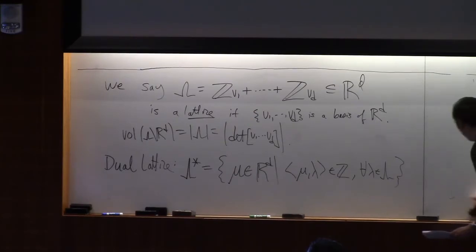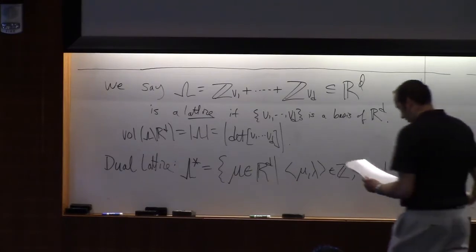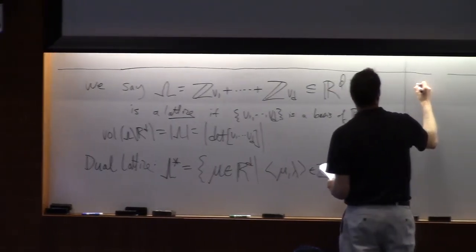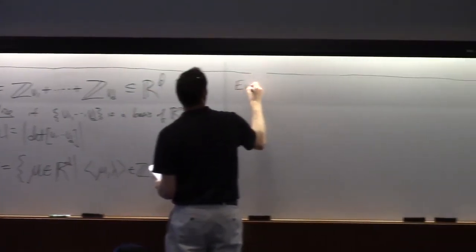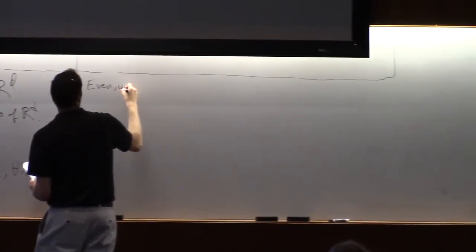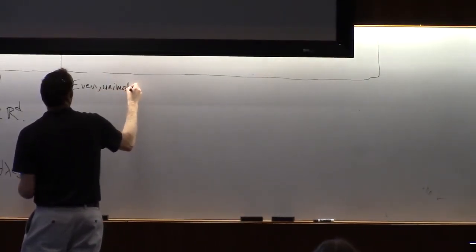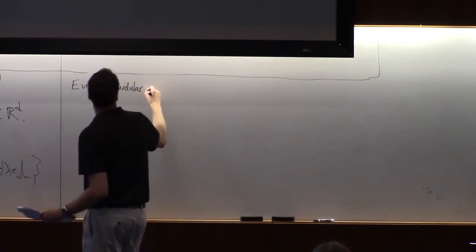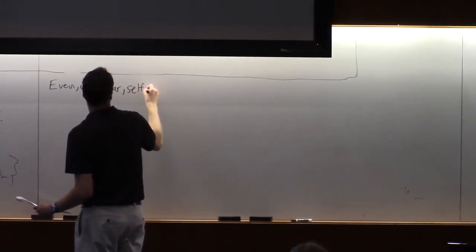So just for clarity, I'm going to put too many adjectives in the sentence. You can get by with fewer. But this is an important notion. So let's say the notion of even unimodular, and I'll write self-dual, even though that actually follows from the other properties.